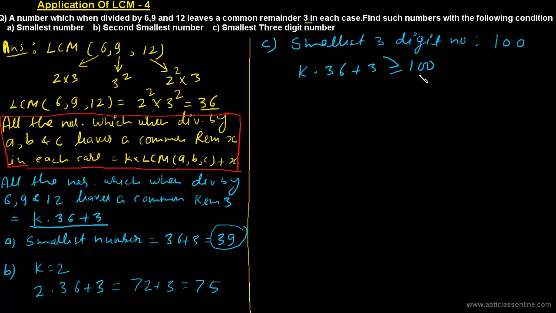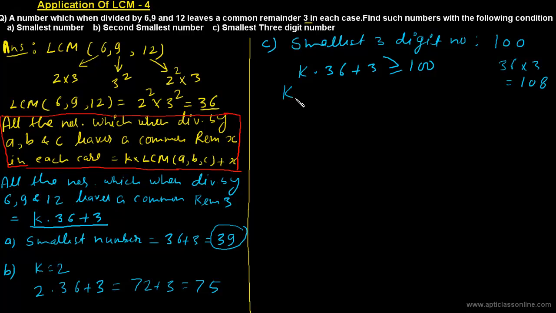With this inequality we have to get the value of k. Since 100 is the smallest, we can get the value of k just by guessing, because 36 times 2 we have seen is 72, 36 times 3 is 108, and 36 times 4 will be greater than 108.